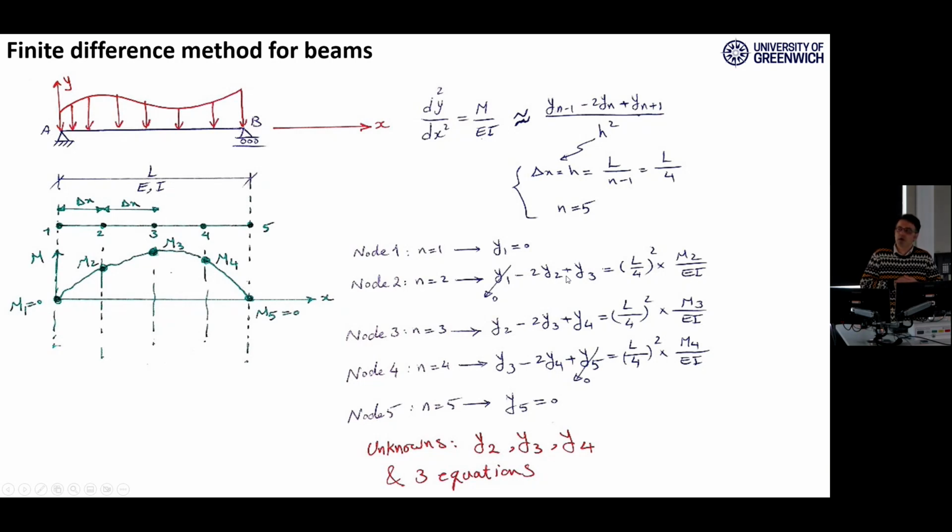How many unknowns do you have in these equations? Obviously, y1 to y5 should be unknowns, but I know y1 is 0 and y5 is 0, so the unknowns would be y2, y3, y4, right? 3 unknowns.